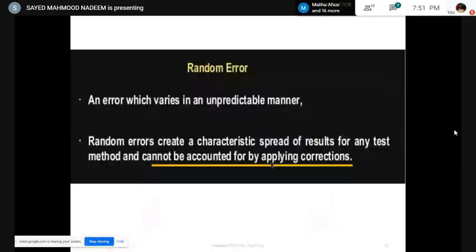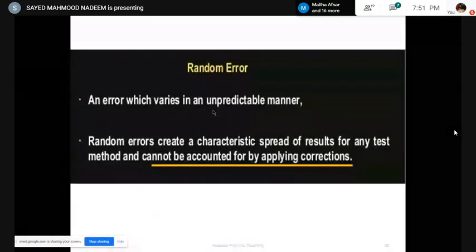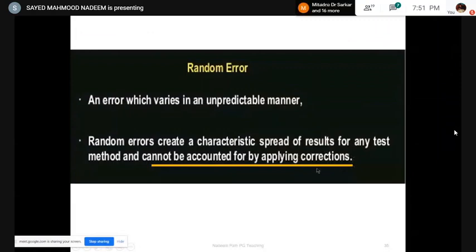Now, a random error is an error which varies in an unpredictable manner and cannot be accounted for by applying a correction. So, for example, you take out a control and you run it in your system. It gives you a deviation of 3 SD. Now, that's a big error. You do nothing.